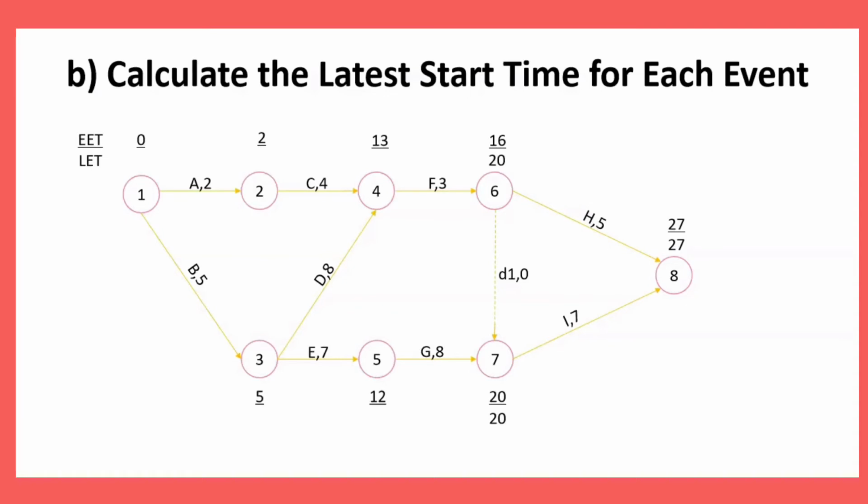Then, to find the LET of node number 4, we can see that the activity after node 4 is activity F with duration time 3. So, 20 minus 3, and we get 17 for the LET of node number 4.